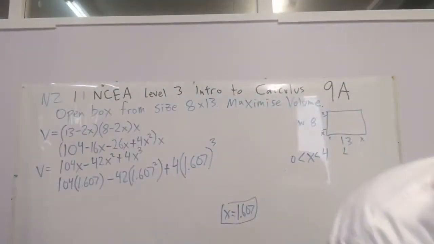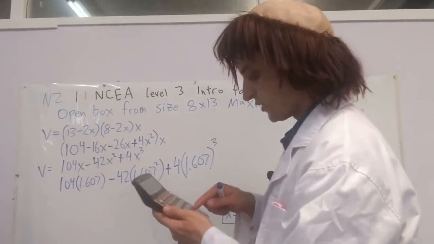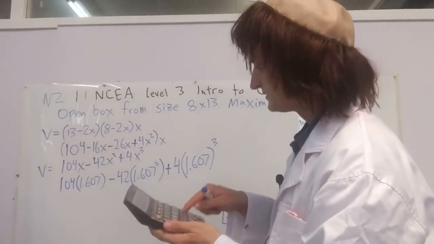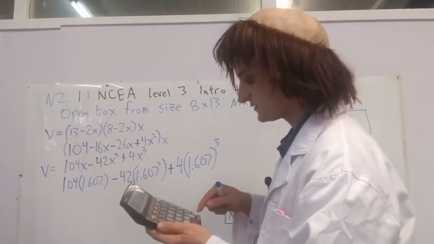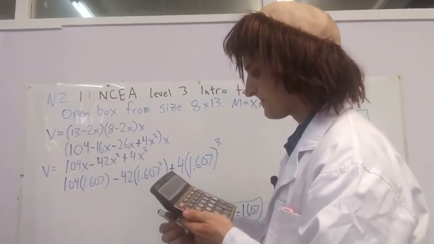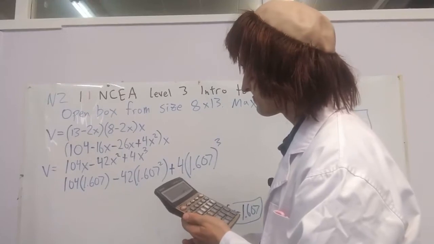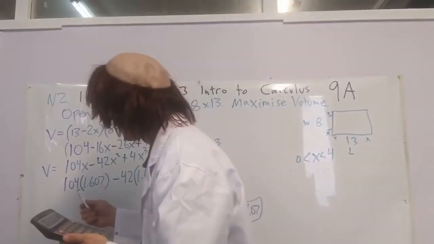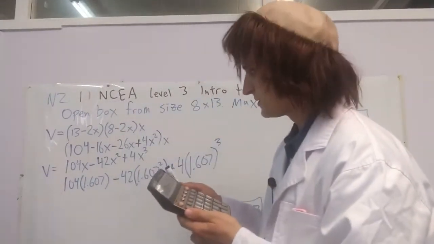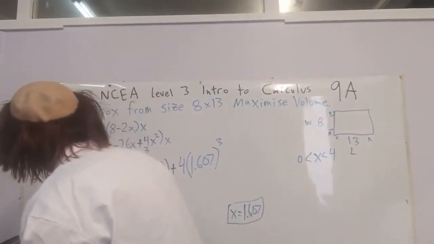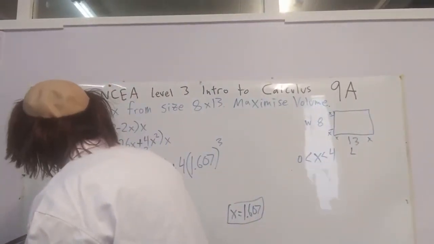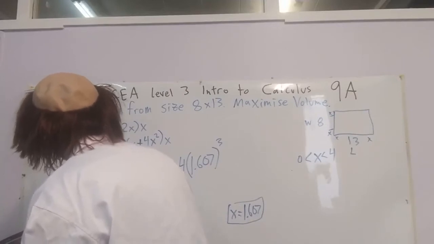Then we use our calculator. 104 times 1.607 equals 167.128.